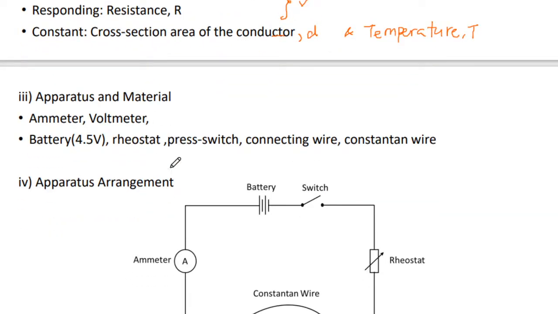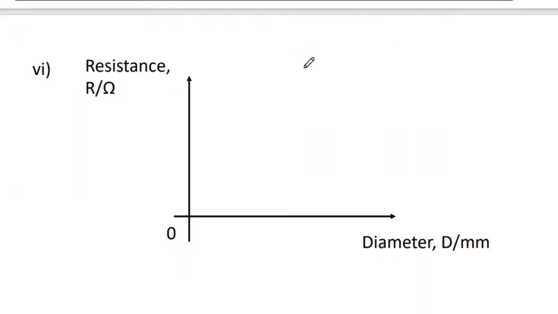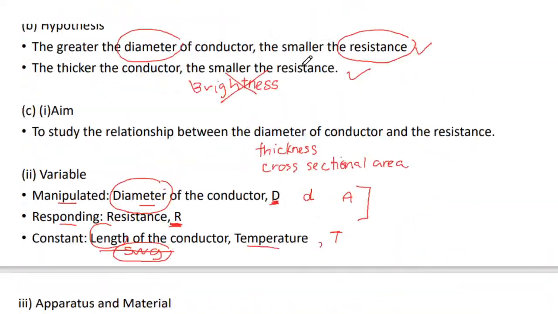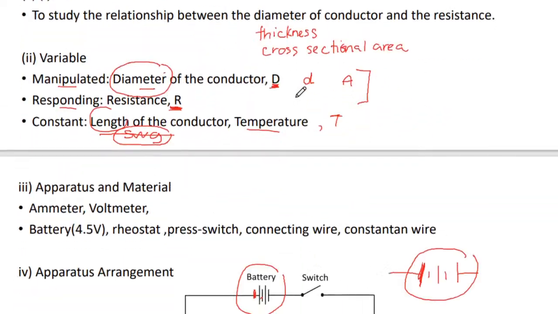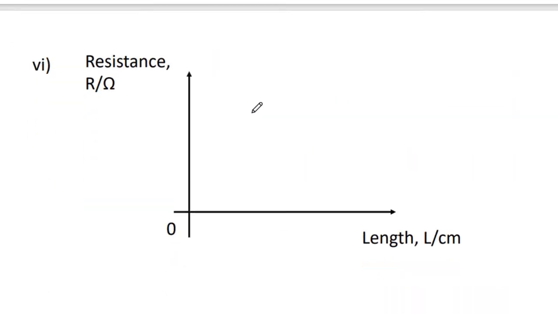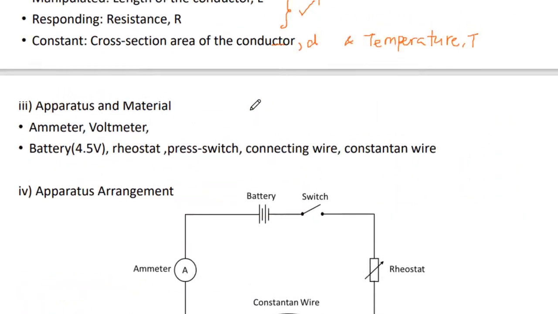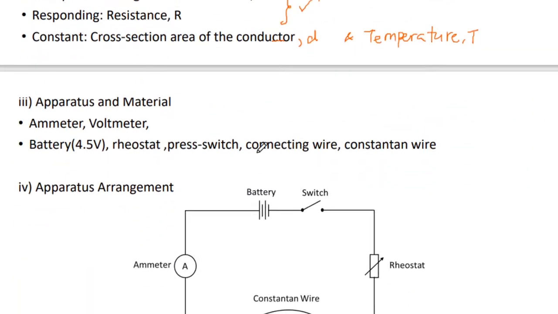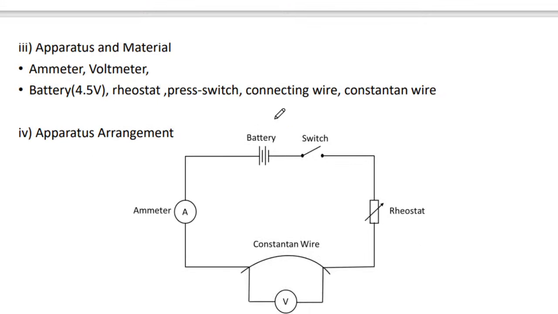Apparatus material. For the diameter, the length just now. Oh yeah, the length here. Diameter. Here. Apparatus material. So this is length and resistance. Ada kurang kah apparatus material?